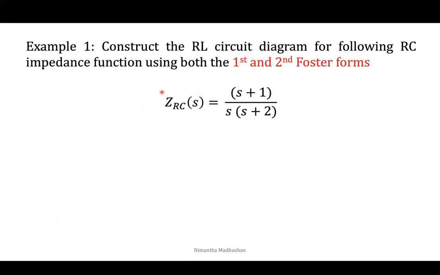The RC impedance function is given: Z_RC equals (S plus 1) over S times (S plus 2). For the realization of this function, I already discussed in a previous video. The function is realizable. For that one, we have to check the general properties of an RLC network.